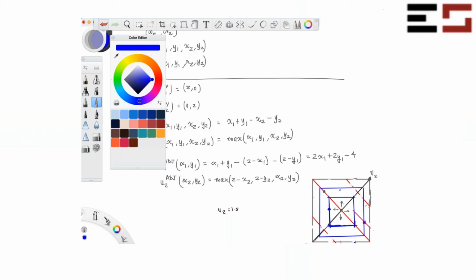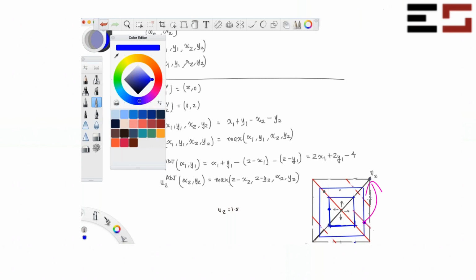If you are here and you move here, individual 2 will be on a higher IC because that's where he gets the highest satisfaction level, and individual 1 will also be on a higher IC because he'll be on a higher satisfaction level if you move in this direction.